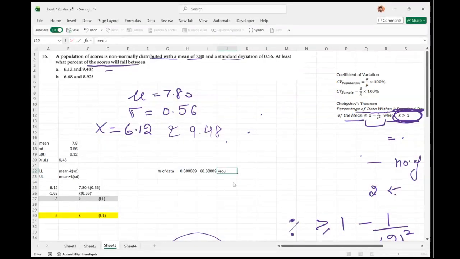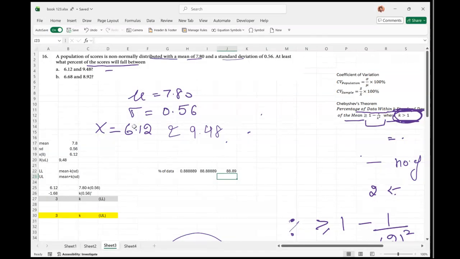So 88.89% of the data is within 3 standard deviations, or will fall between 6.12 and 9.48.